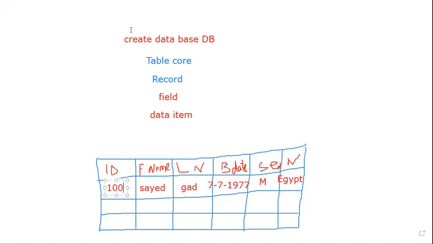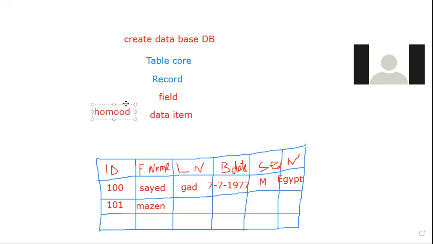This is 100, okay? Another one I will have is 101, like this one. It will be my friend, for example, Mazen. And the family name, Hamoud, for example. And birth date, 8, 9, 8, 8, 10, 2000.